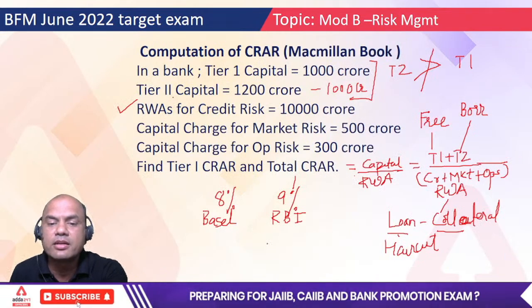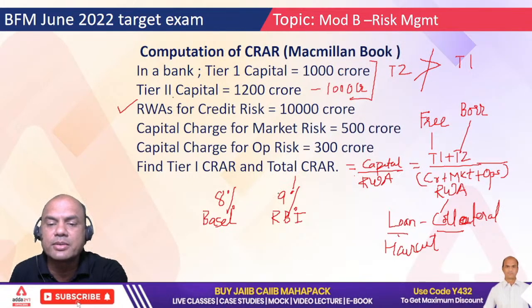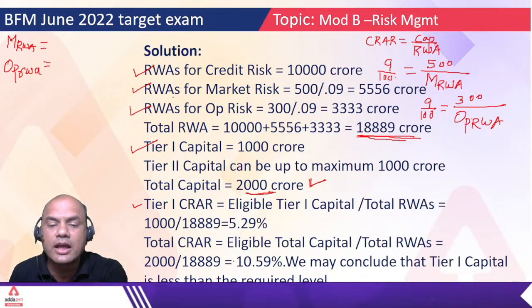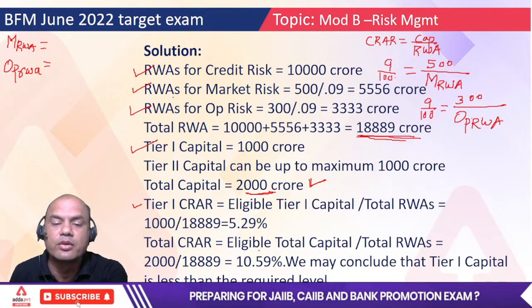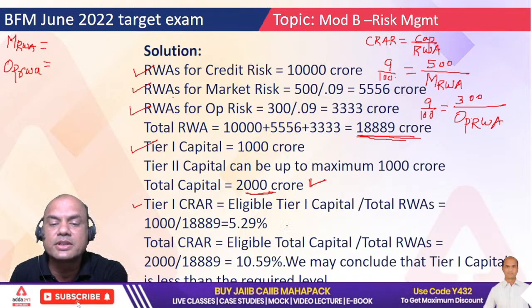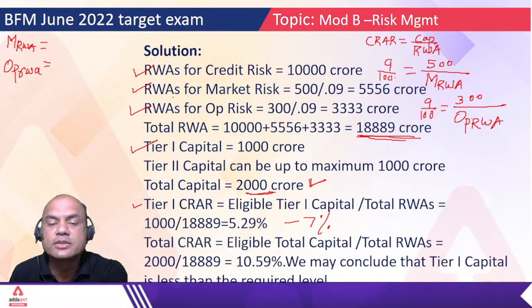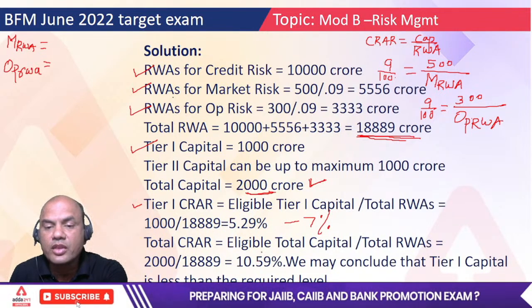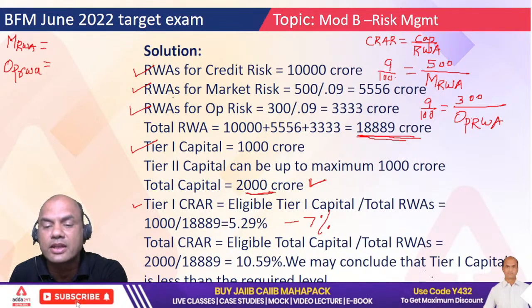It should be minimum 9% as per RBI, right? So this is more than RBI's prescription, so this is good. But what about this? This should be at least 7%. So this is bad. This is bad, this is good. So what does the bank have to do? The bank has to improve its tier 1 capital.